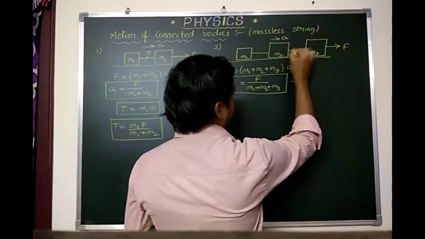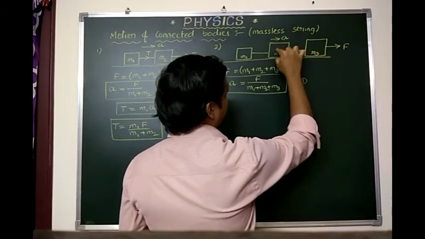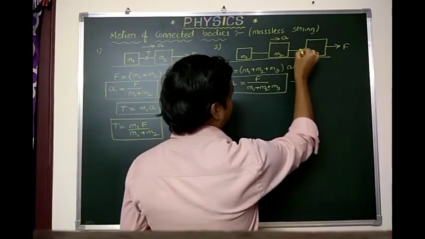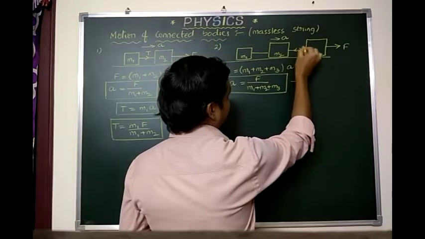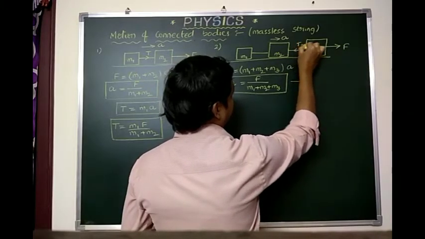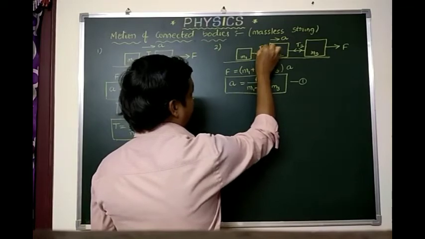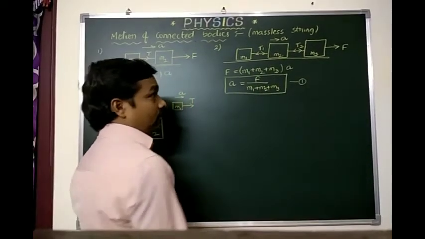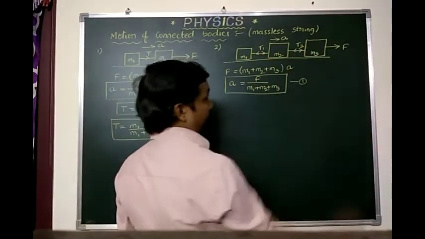Because this second body pulls m3, there will be tension in the string. I am considering it as T2, and in the same manner T1. The first string has T1, the second string has T2.